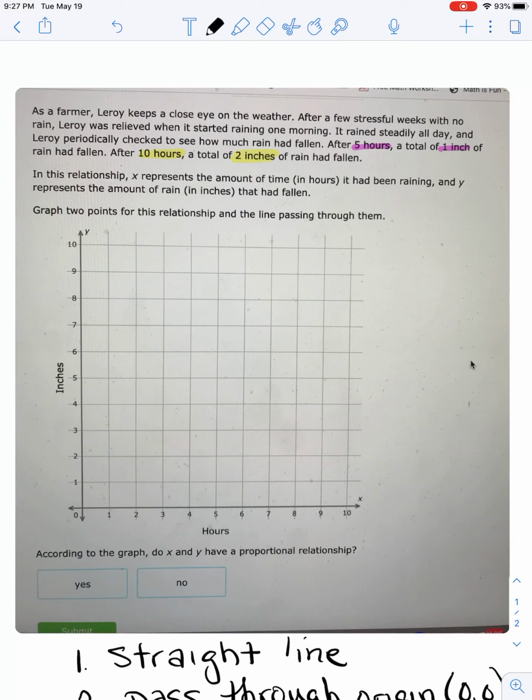And we always like to be specific. So on the x-axis, we don't just say time, we say hours. And on the y-axis, we don't just say amount, we say inches. Now, if you're being fussy, this graph should have a title, because every graph should have a title. But let's name it rain. Not very imaginative, but okay.